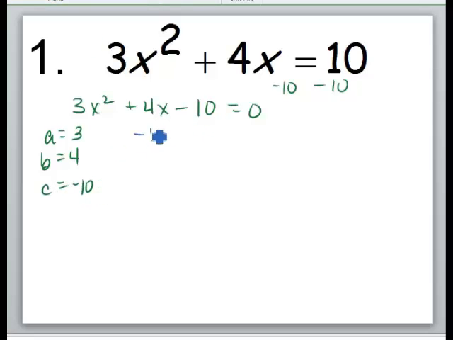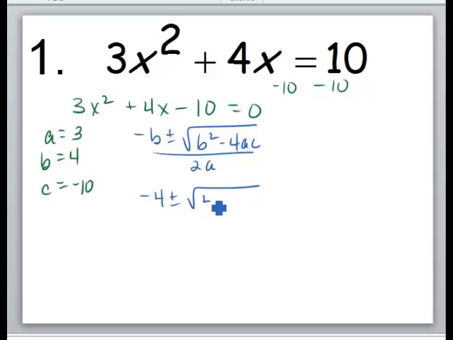The formula is negative b plus or minus the square root of b squared minus 4 times a times c, all over 2a. So when I plug stuff in, I get negative 4 plus or minus 4 squared minus 4 times a times c, all over 2 times a.